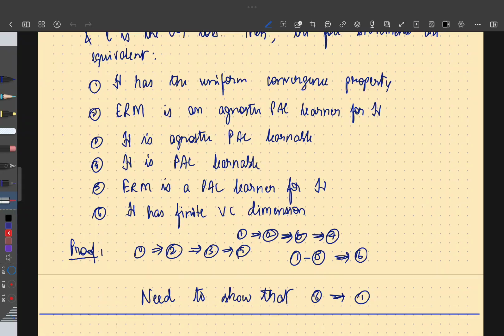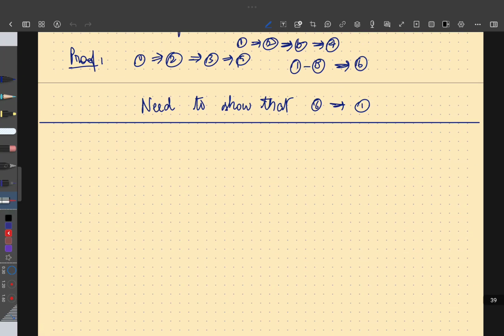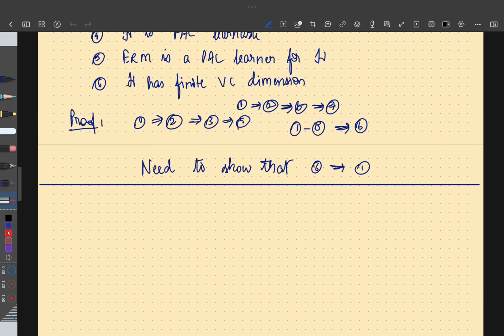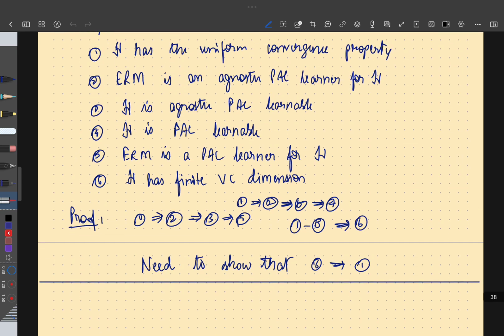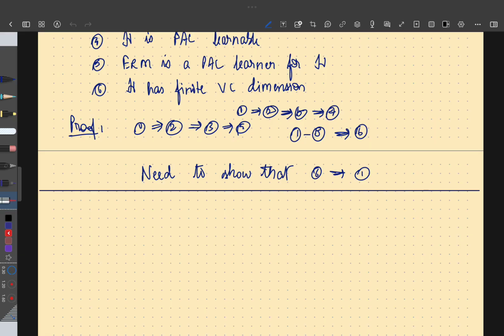In fact, we'll show that H has the uniform convergence property, and by way of that, ERM is also an agnostic PAC learner for H. Okay. And in fact, we'll see an upper bound on the sample complexity that is required to achieve an epsilon delta error, and therefore for uniform convergence, in terms of the VC dimension.